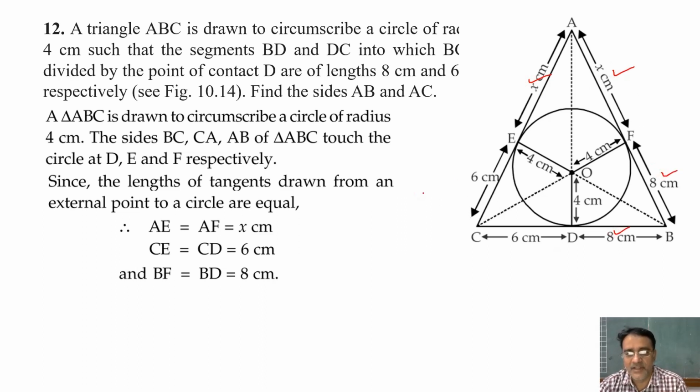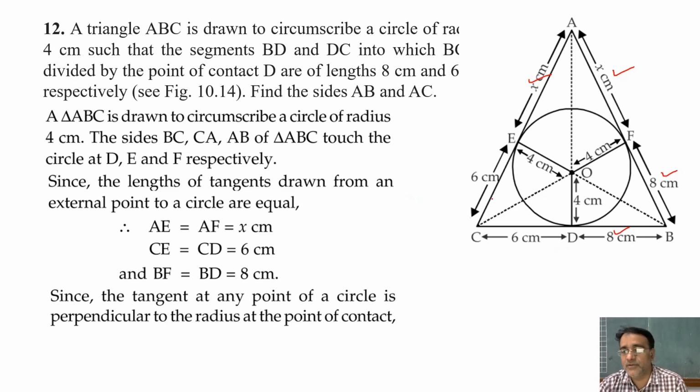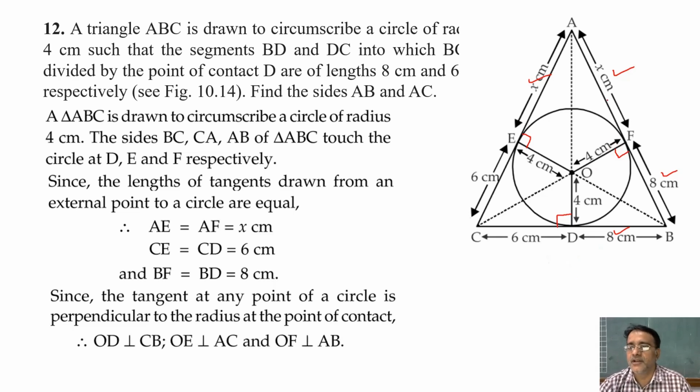Okay, fine. Now in the next step, we know that the tangent is perpendicular to the radius through the point of contact. So this is perpendicular, this is perpendicular, this is perpendicular. OD perpendicular to BC, OE perpendicular to AC and OF perpendicular to AB. Right? Any doubt here?